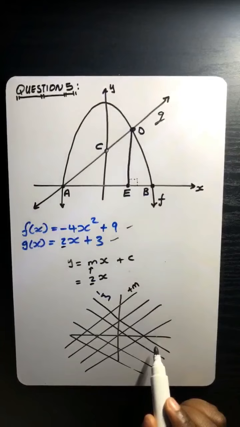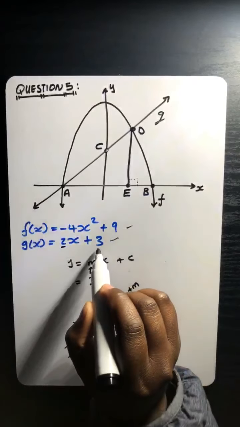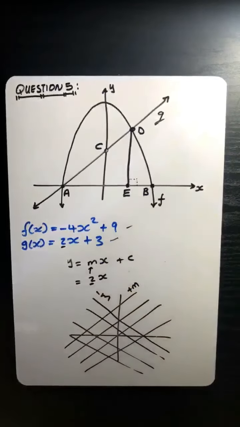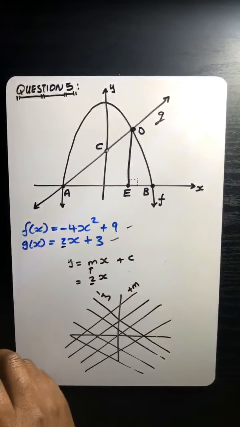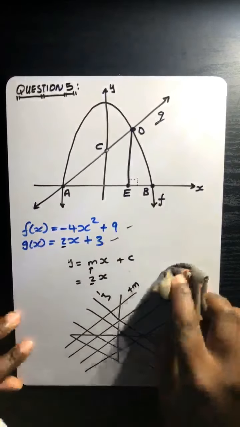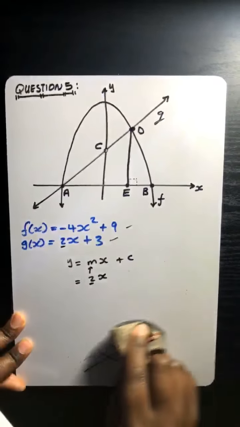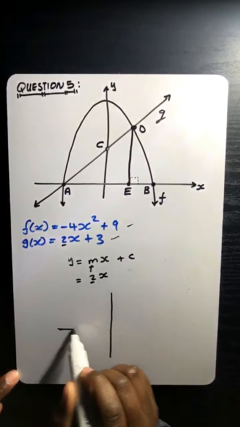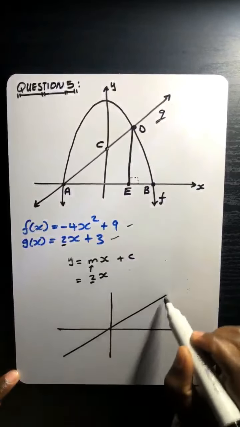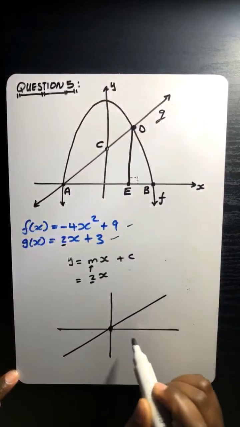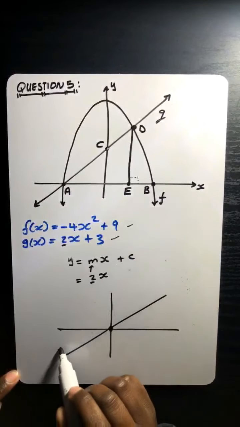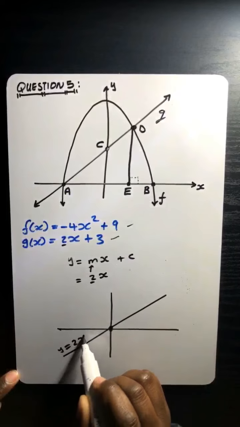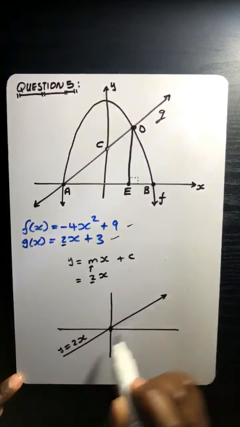Very, very important for you to notice that originally, just like I've explained with a parabola there, a straight line initially was passing through the origin. So it was actually y equals 2x.